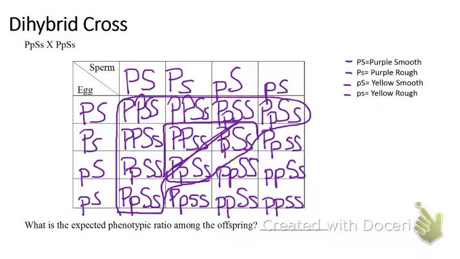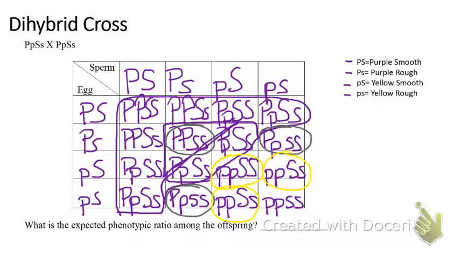Purple and rough, you need a big P and you need two small S's. So big P, small S's, big P, small S's. So we have 3 of those. And then yellow and smooth, we have no big P's, so 2 small P's and a big S. So we have 3 of those.